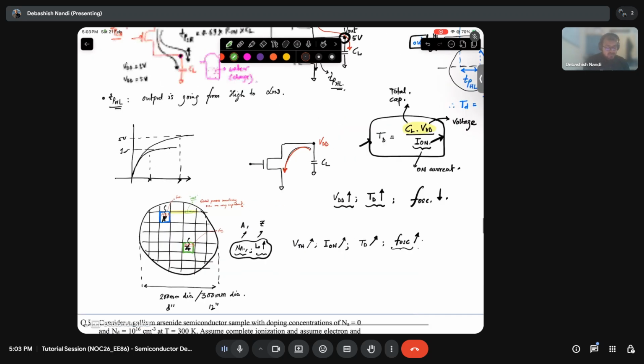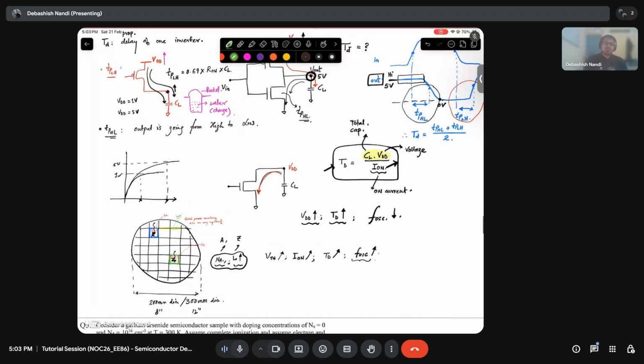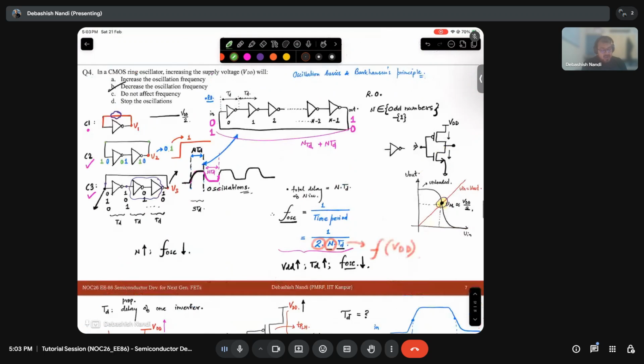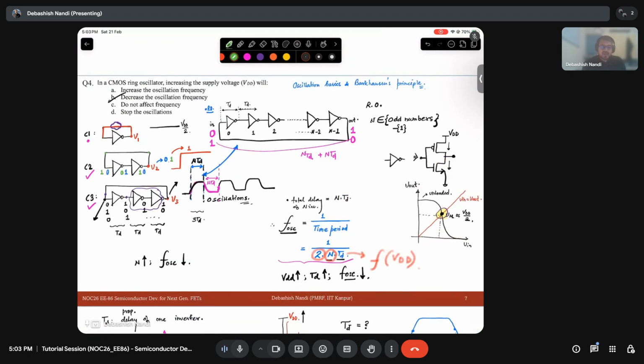So basically, the moral of the story is that ROs play an important role. It is a simple circuit, an odd number of inverters connected back to back, and it gives you a fair idea about multiple things from the process point of view. It also helps in characterizing your compact models, which we will discuss in the next class. Okay, so that's all for today. Thank you.